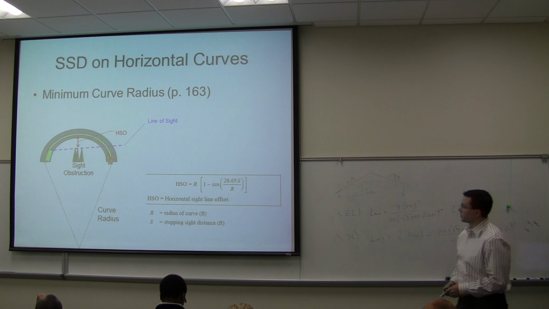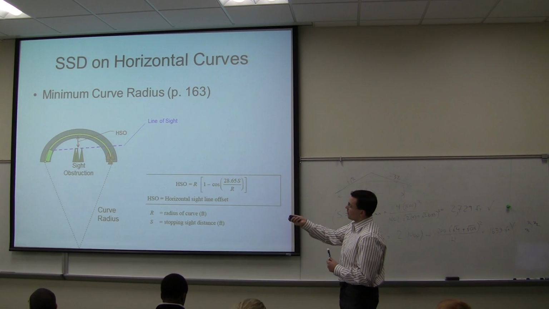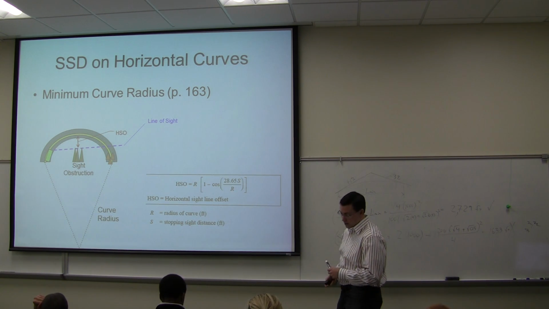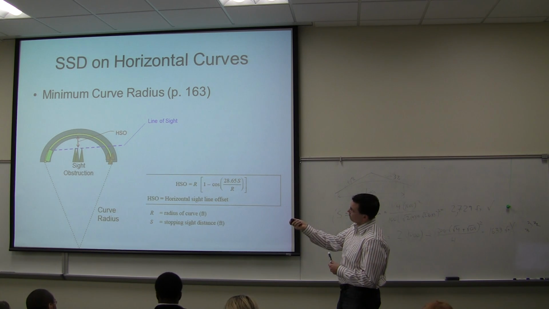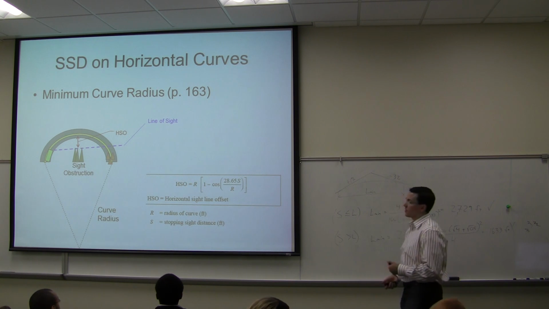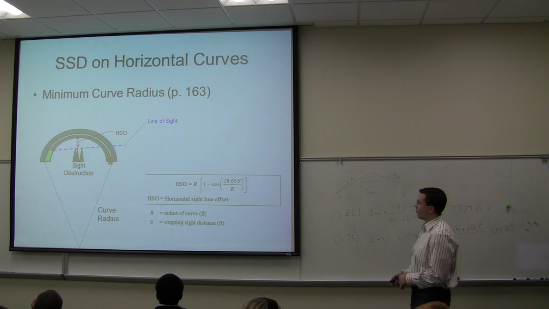This HSO is the horizontal sight line offset. You don't get a diagram on the equation sheet, but it's measured, I believe, from the center line of the controlling lane, which would be the inside lane of the roadway.